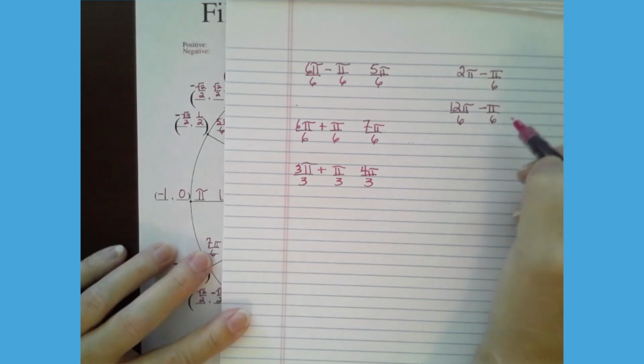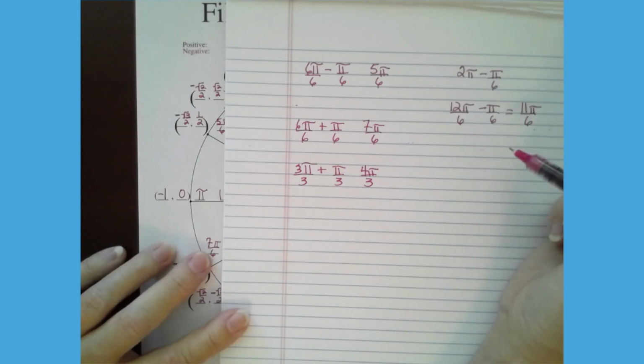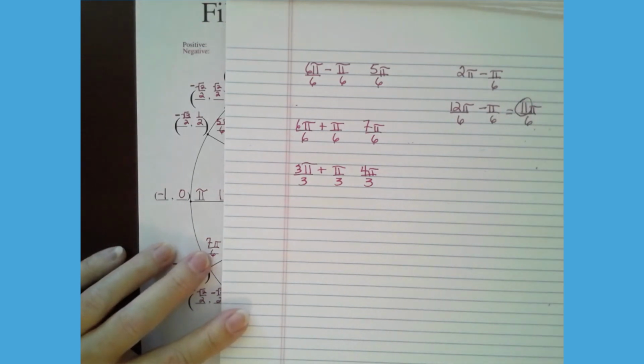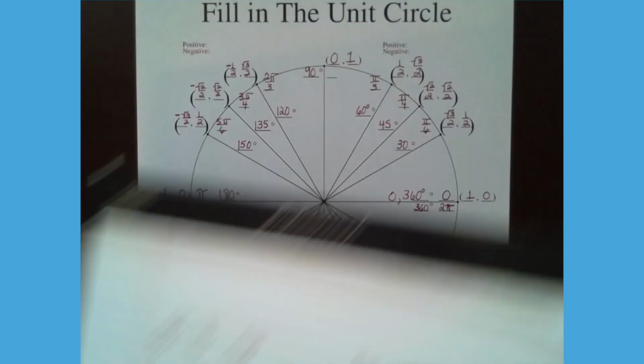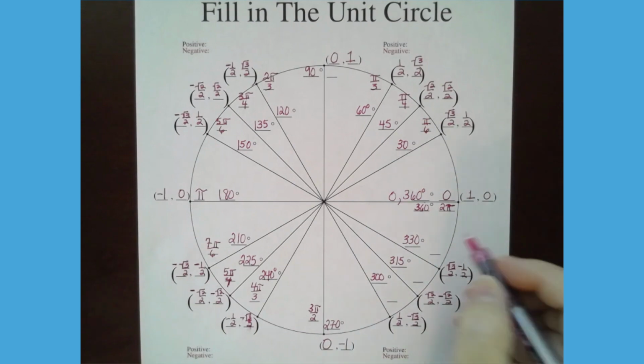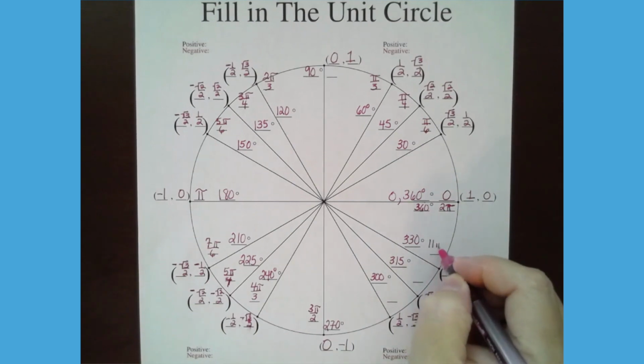And if you do that, you have a common denominator, right? And that means that you have 11 pi 6. Because if you multiply 6 times 2, you get 12. And you're 1 pi 6 away from that. So 1 pi 6 away from 12 pi 6 is 11 pi 6. That's the way I think about that. So this is 11 pi 6.